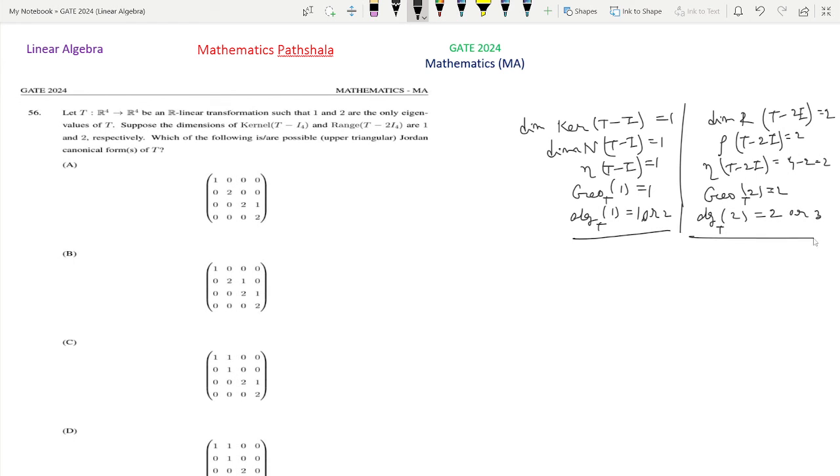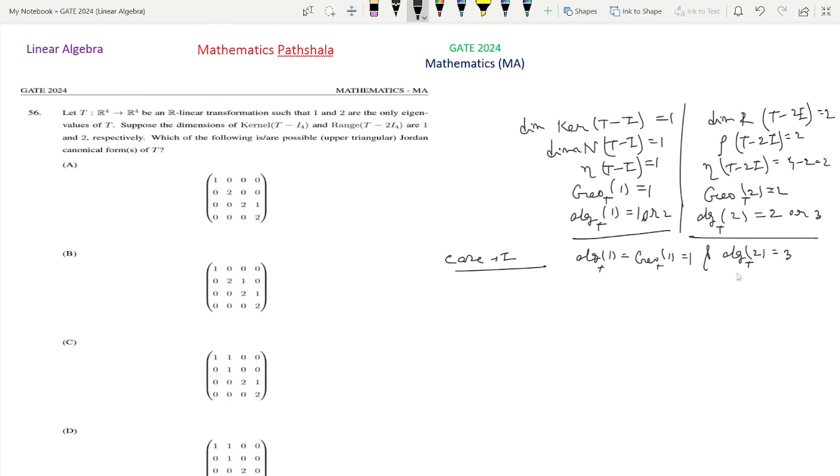So if we write the two cases, case 1 is the algebraic multiplicity of 1 equal to the geometric multiplicity of 1 equal to 1, and then the algebraic multiplicity of 2 must be 3, because the algebraic multiplicity of 1 is 1, so the other eigenvalue is 2, and 3 plus 1 will be 4.